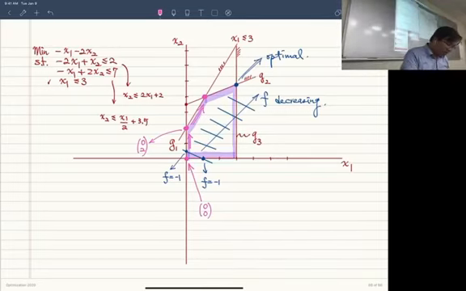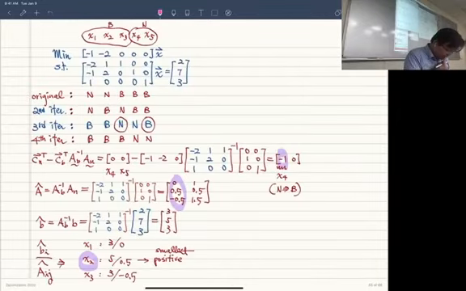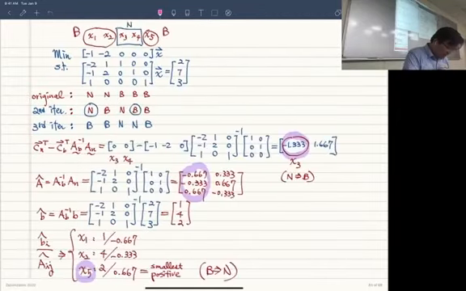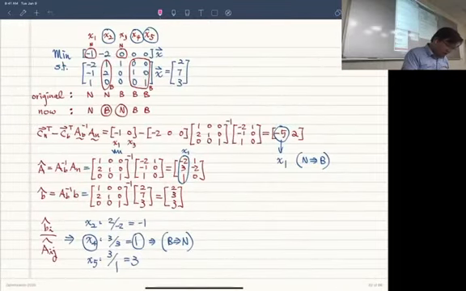But I think I made some mistake right here. Why? So it's this page. Is it? I think I already made a mistake here.